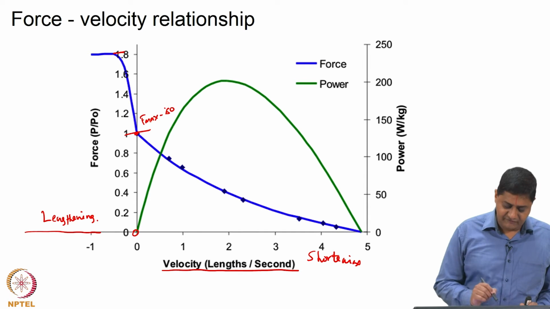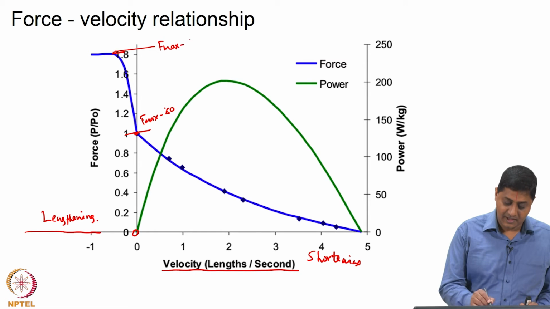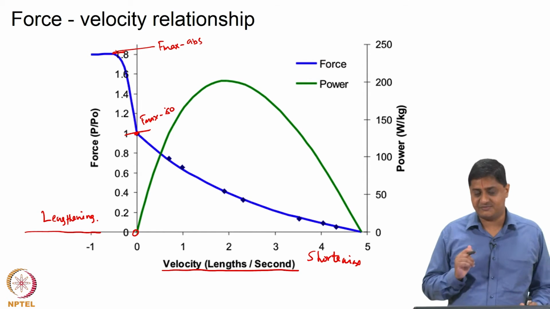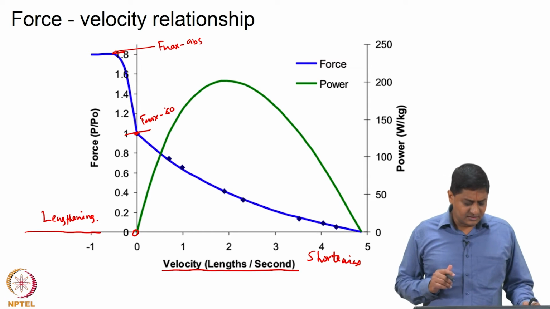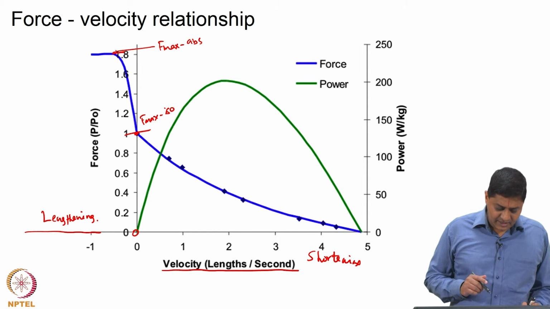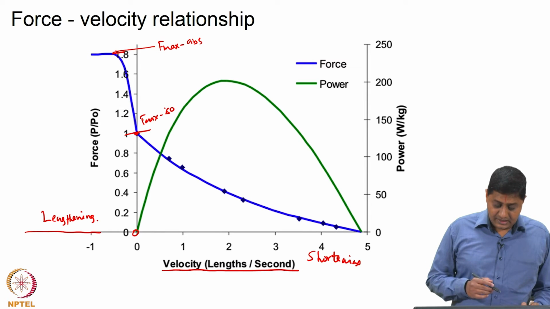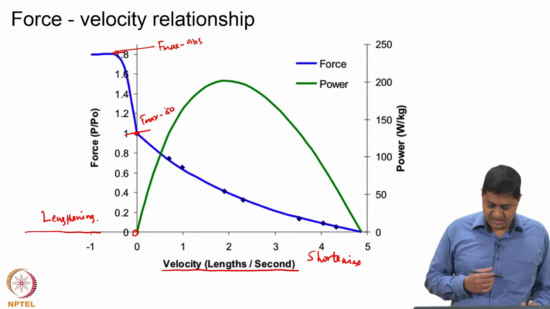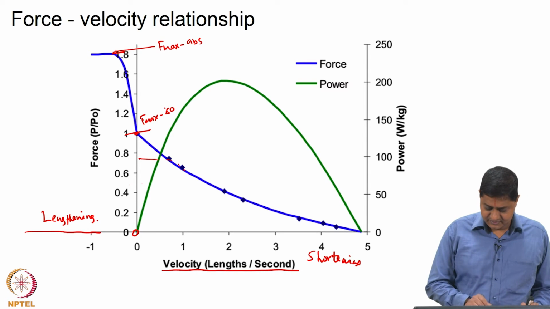I am going to call that force the F max isometric, and this is the F max absolute. This is the absolute maximum force that can be produced, that happens as the lengthening increases. But then as I want to increase the velocity, the force that can be produced drops down quite quickly, right.